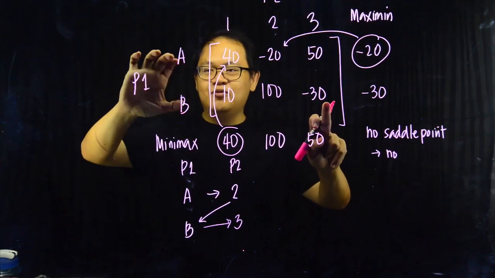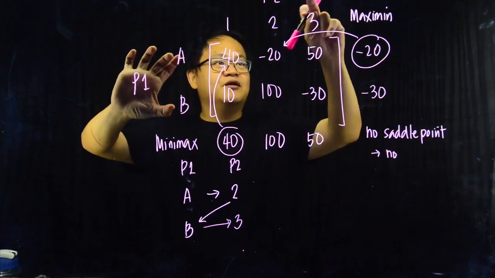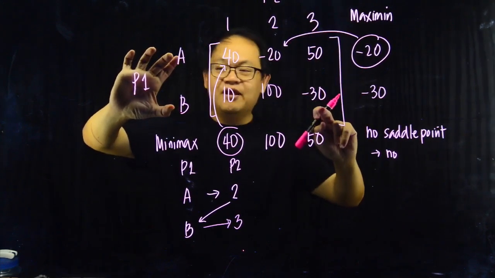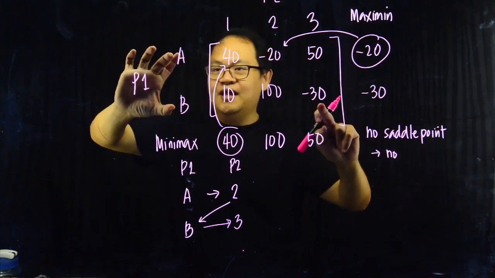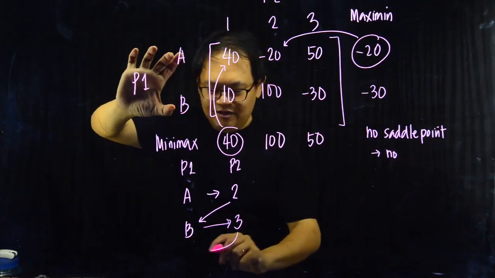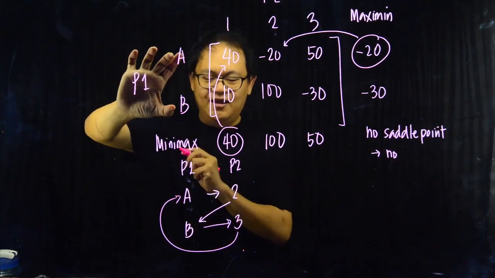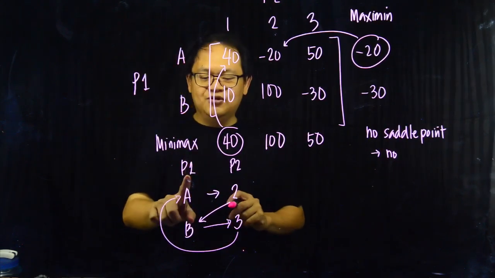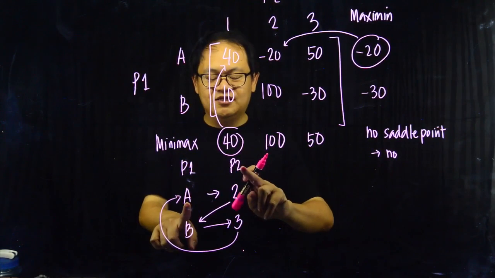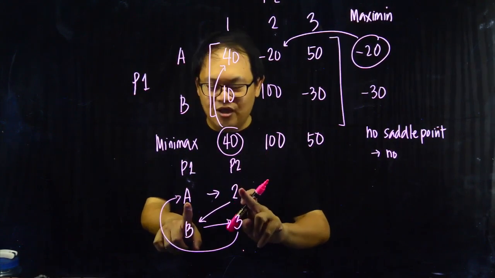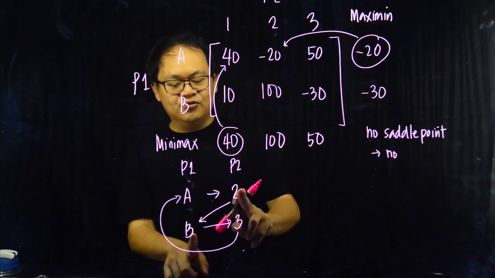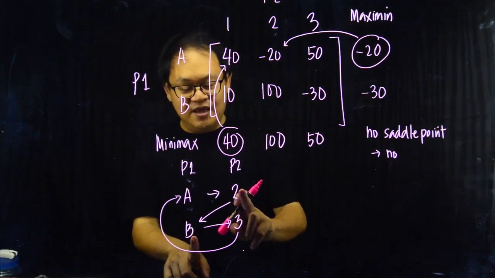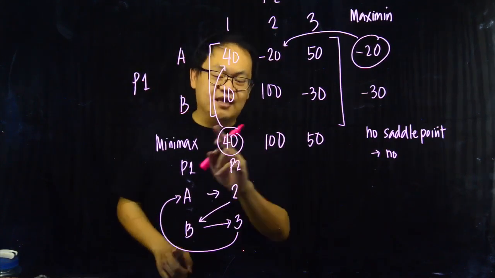Why? Because between A and B, if player 2 chooses 3, then player 1 would rather win 50 than lose 30. And therefore, this goes back to A. And because player 1 chooses A, player 2 will change his solution to 2. And because player 2 changed his solution to 2, player 1 will change his solution to B. And then the cycle will continue.